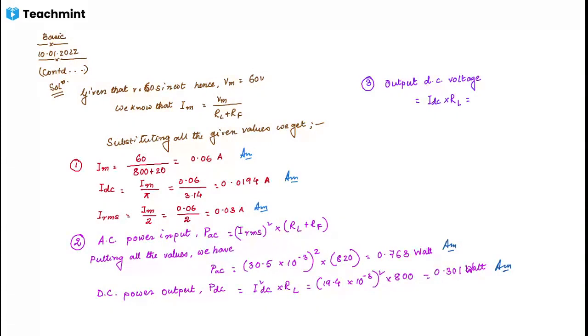So that is equal to 19.4 into 10 to the power minus 3, into RL equals 800. So that will give you how much? 15.52 volts.